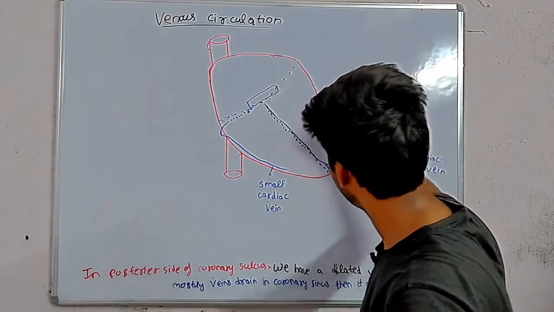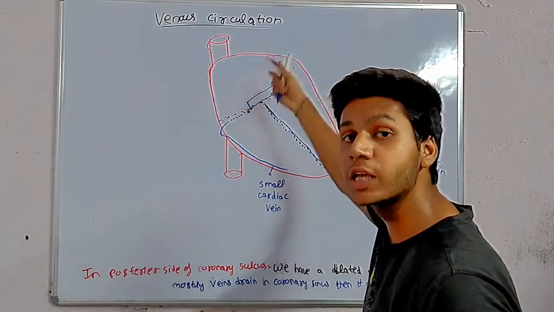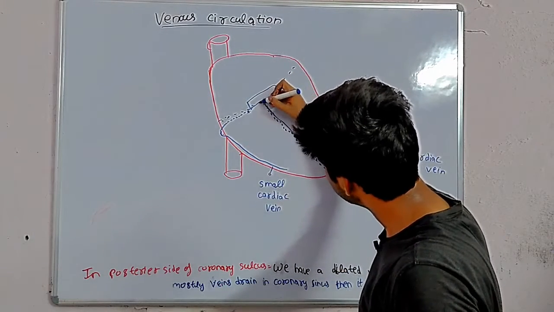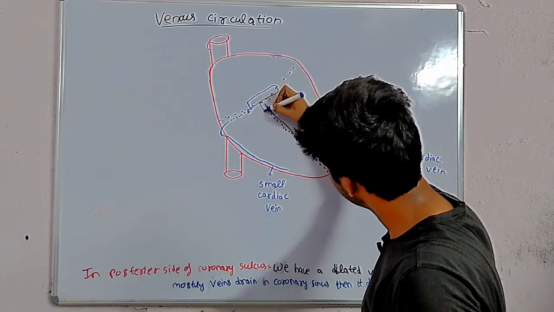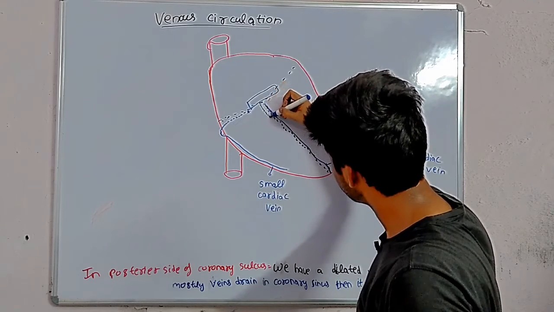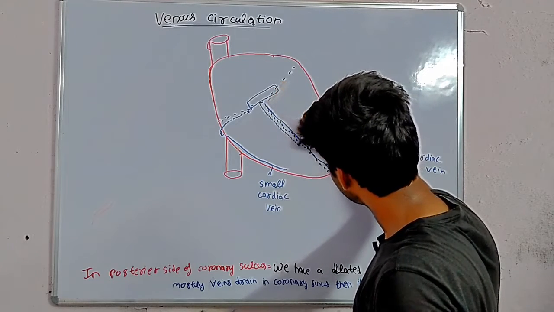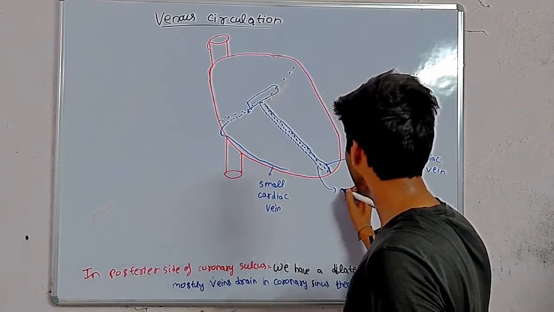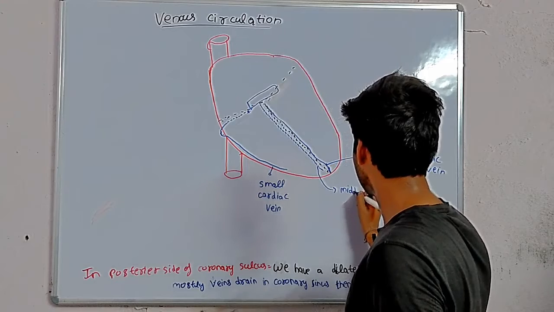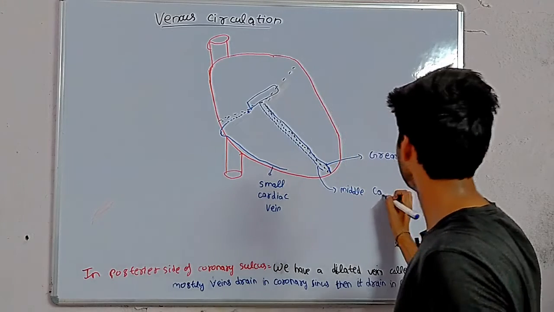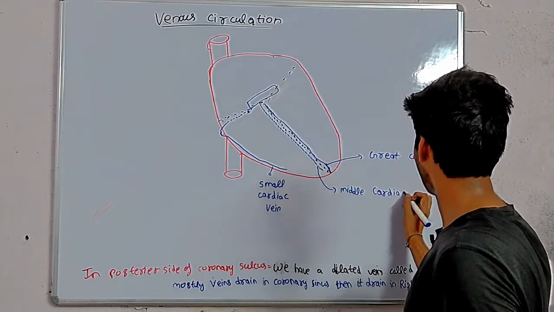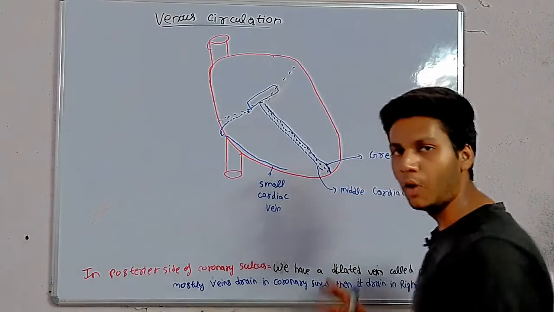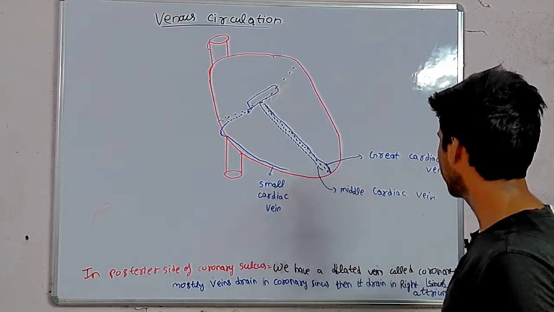Another vein is present on the posterior interventricular sulcus, on the posterior side. This is called the middle cardiac vein. These are the three major veins of the heart: small cardiac, great cardiac, middle cardiac.